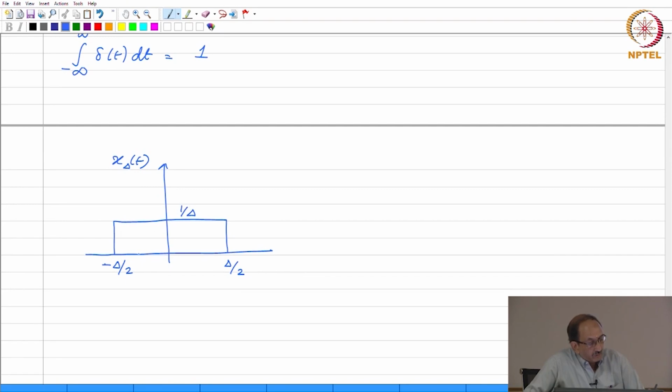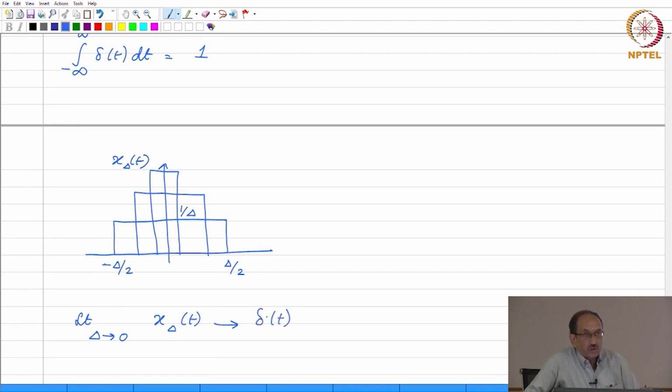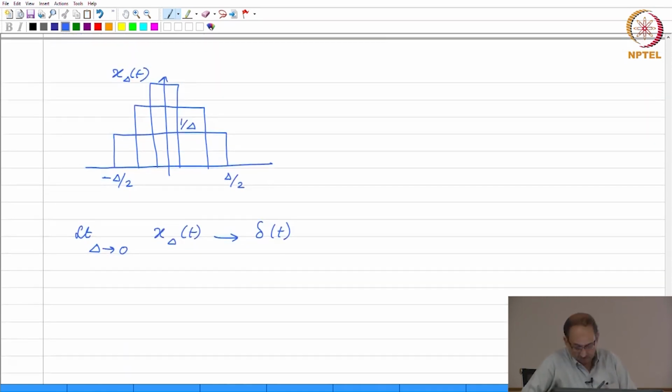And then we let the pulse become skinnier and skinnier and taller, all the while maintaining unit area. Therefore, as the limit capital delta tends to 0, the limit of x sub delta of t tends to the unit impulse. So, this is the picture that we have of the delta function.